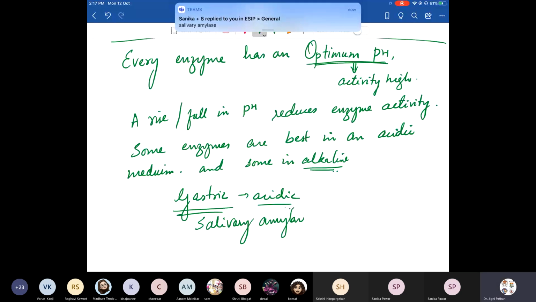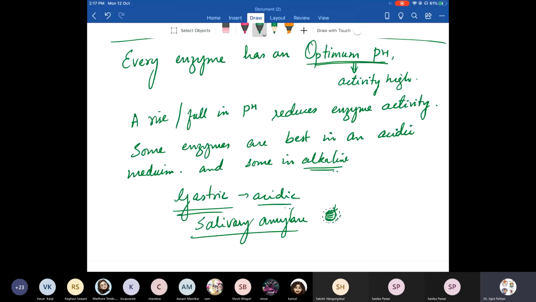It's basic, right? When the bolus is coming, bolus means, I hope everybody knows, after the food is chewed, the leftover saliva around it is called bolus, right? When this bolus reaches the stomach, the salivary amylase will lose its activity because the stomach is acidic.